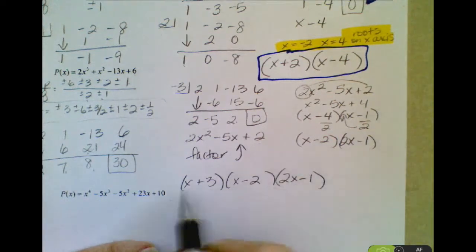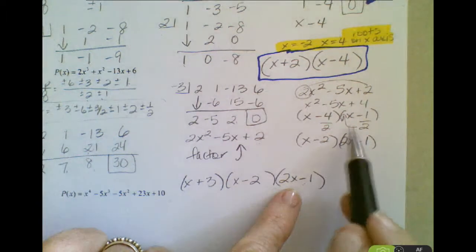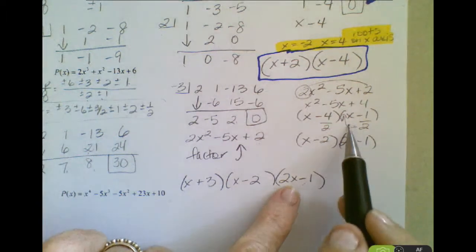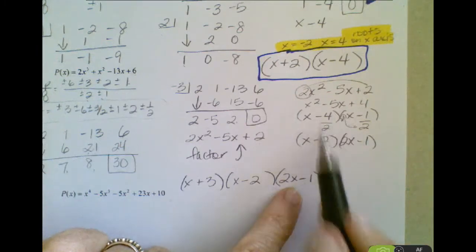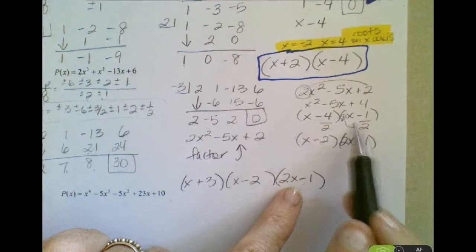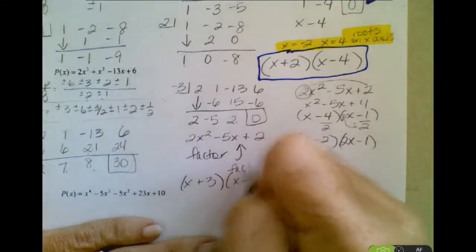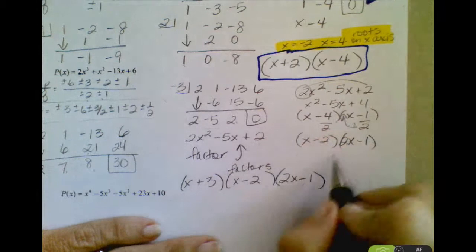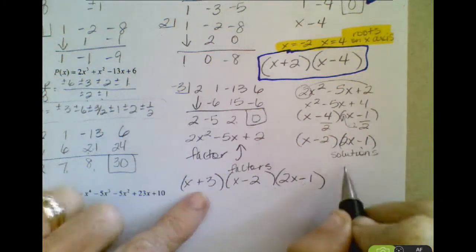If I wanted to find the solutions of these, when you have this situation going on up here, go back to this. Before I found the actual simplified fraction, simplified factor, the opposite of this number is going to be one of our solutions. So our solutions, these are our factors. Our solutions would be opposite of all of these.